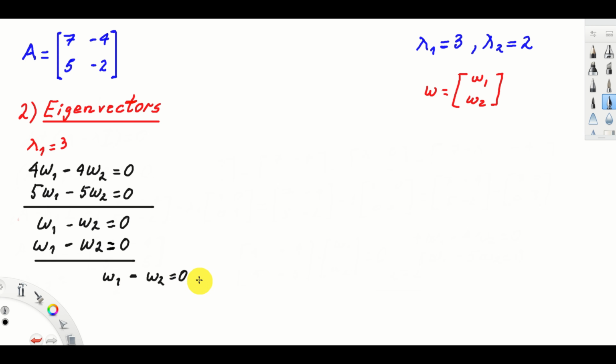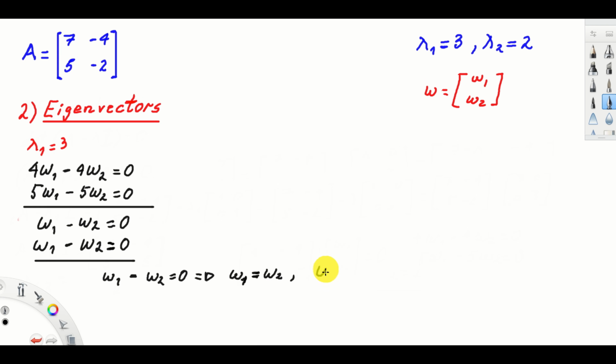And from here we have that w1 is actually equal to w2. Okay, so what did we obtain over here? We obtained that w1 is actually equal to w2, and w2 can be anything. So you can pick any number you wish for w2, and w1 will simply be equal to w2.